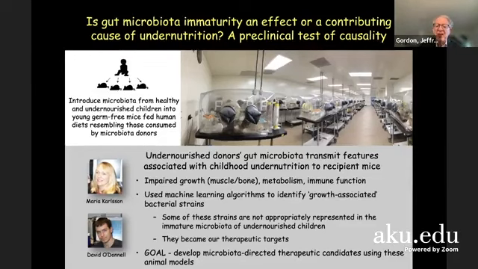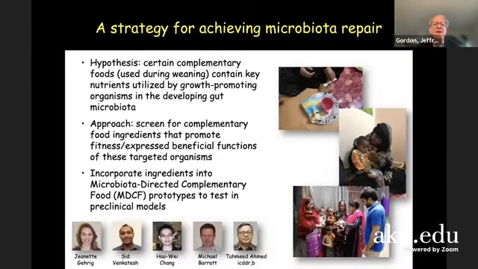So we turned instead to food, particularly the food consumed by these children where they lived. These complementary foods, we hypothesized, contain key nutrients, or at least some of these foods might contain key nutrients that could be utilized by these growth discriminatory, growth promoting organisms in the developing gut microbiota of children with undernutrition.